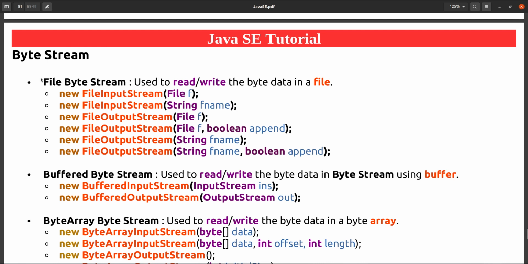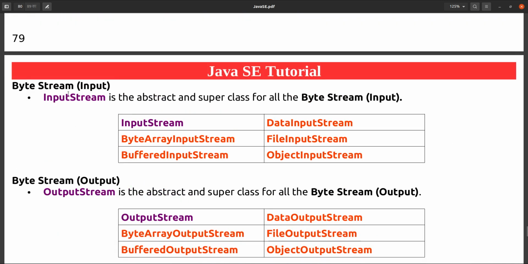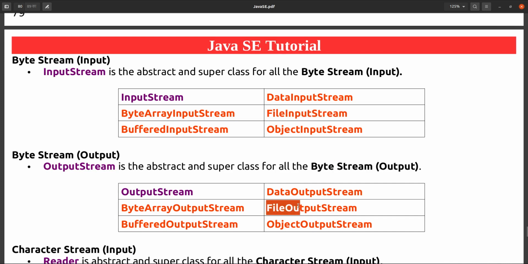The first one is the file byte stream, because we have already seen that for byte input streams, FileInputStream and FileOutputStream can be used to take the byte data input from the file.